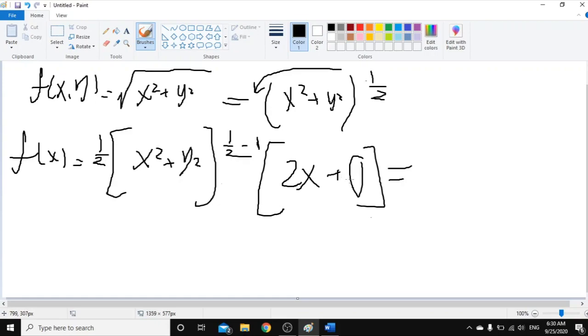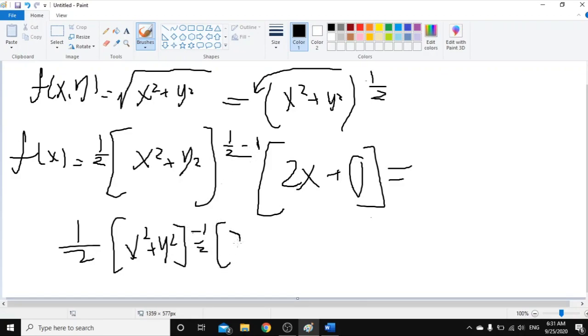So this equals 1 over 2 times x squared plus y squared to the 1 over 2 minus 1, which is negative 1 over 2, times 2x. We can also solve it further.